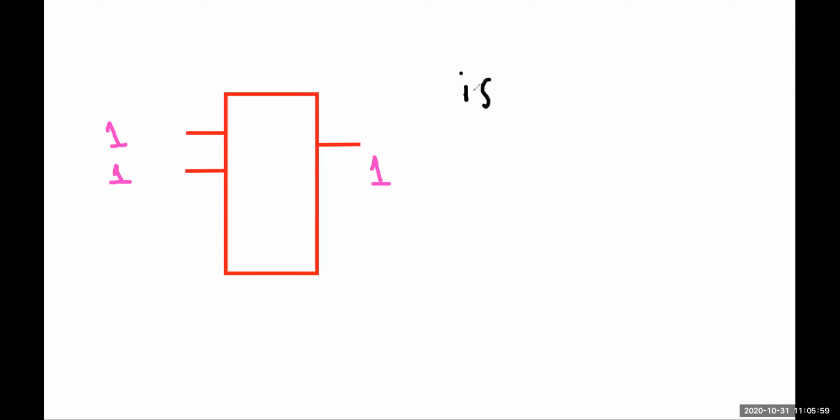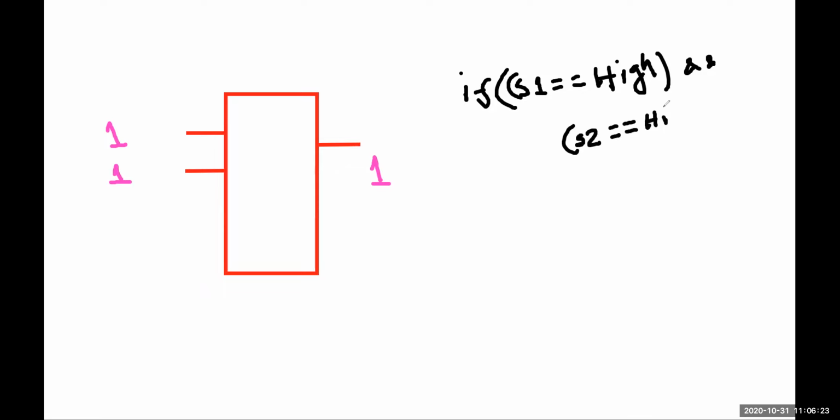Then it will apply a logic: if switch number 1 equals high and switch number 2 equals high, that means if both of them are high, then digital write pin number, let's say pin number 10, will be high, right? Remember, this is the Arduino code I am writing.